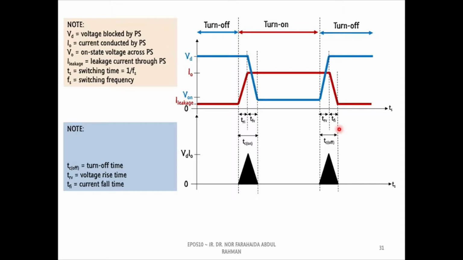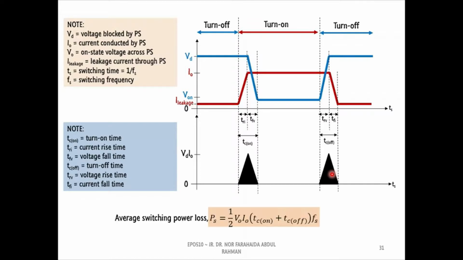Based on the area under both times, we can calculate the switching power loss using this following equation. You may refer to the note for a simple explanation and example on how to calculate the power loss.